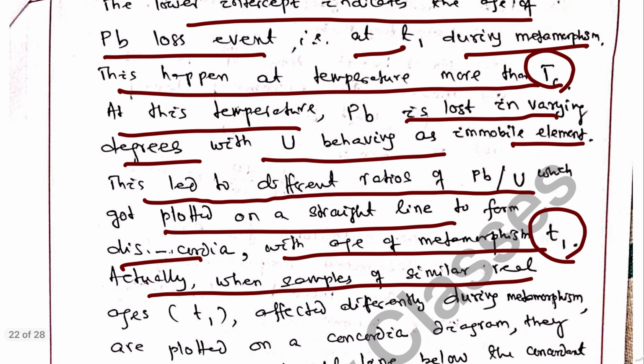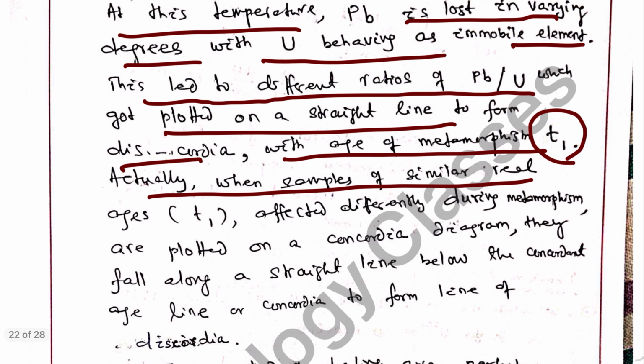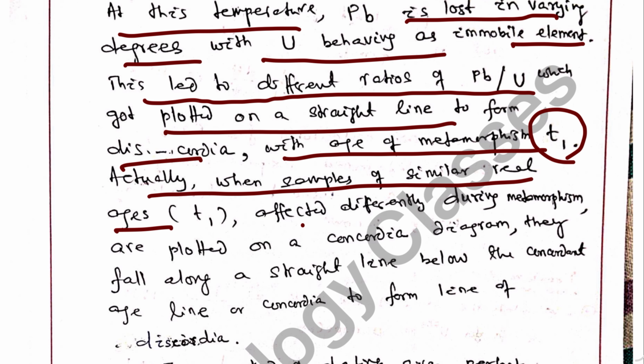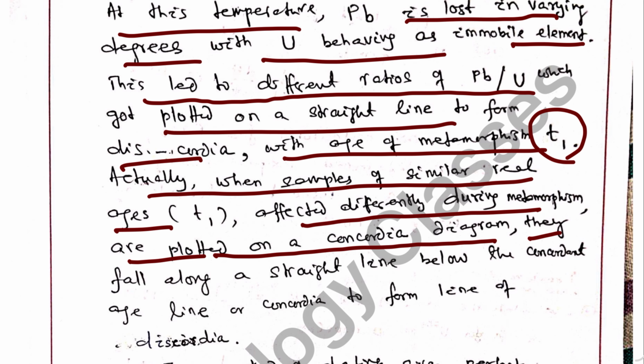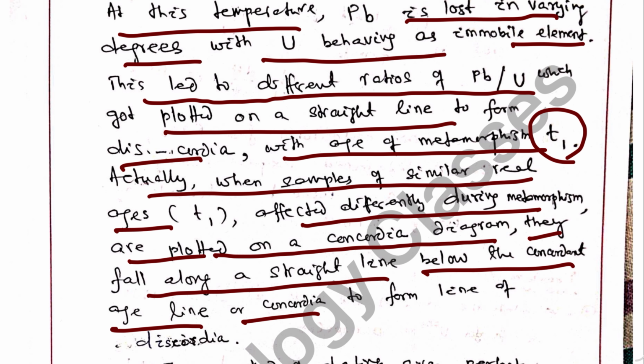Actually, when samples of similar real ages affected differently during metamorphism are plotted on a Concordia diagram, they fall along a straight line below the concordant age line, or Concordia, to form the line of Discordia.